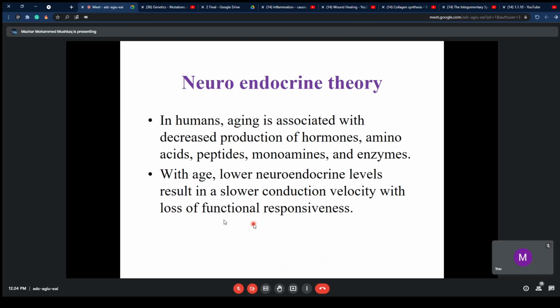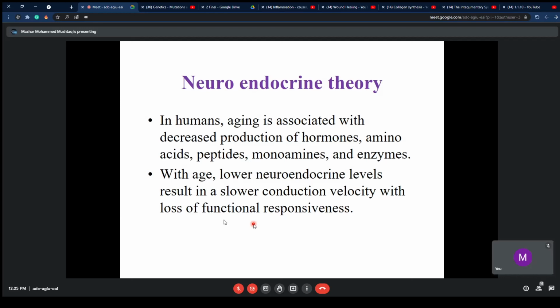What is the neuroendocrine theory now? In the neuroendocrine theory, in humans, aging is associated with decreased production of hormones, amino acids, peptides, monoamines, and enzymes. So in our CNS, many things are happening. Many of the hormones are working together. Many of the peptides, monoamines, and enzymes are working together.